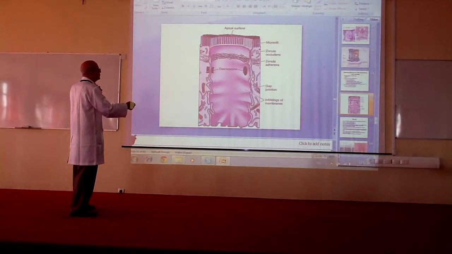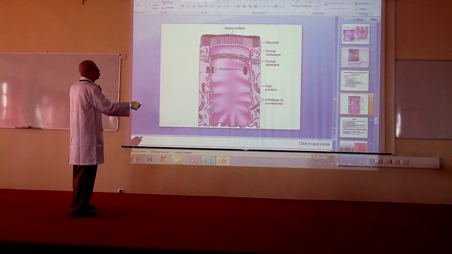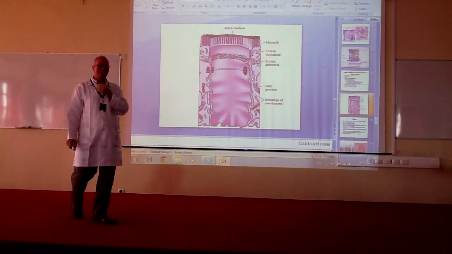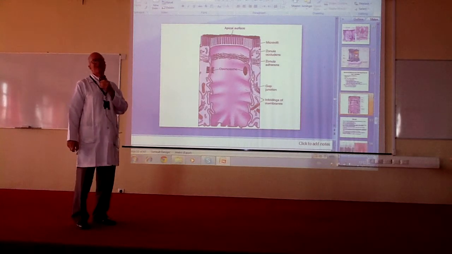The junction is at different sites to prevent the passage of substances. Tight junction. Occludens, another name, tight junction.